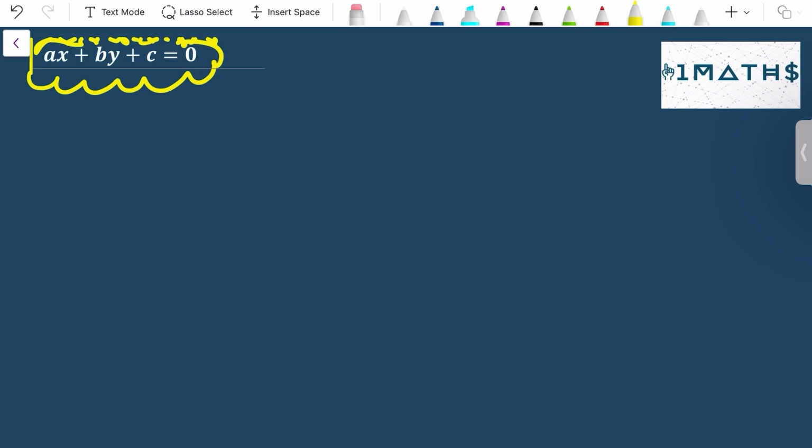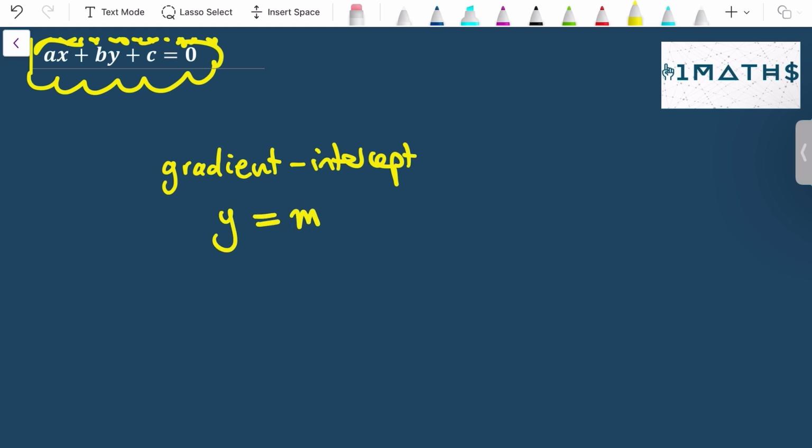So up until now we've looked at the gradient intercept form, where essentially we are writing the equation of our straight line in the form of its gradient and the y-intercept. So the c here we said was our y-intercept, where the line is going to cross the y-axis, so at this point here.